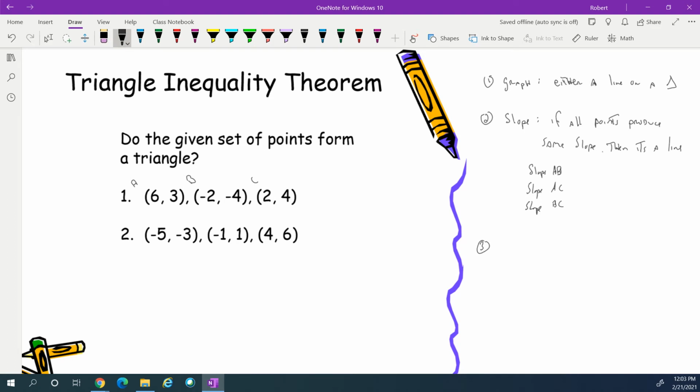And option 3, distance formula. Then test the theorem. So we'd use distance of AB, distance of AC, distance of BC.